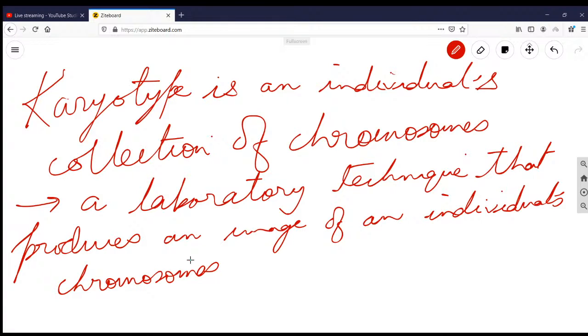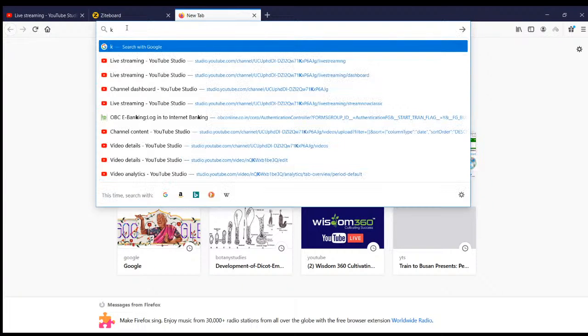The picture of those chromosomes is cut up and rearranged by chromosome size. The chromosomes are lined up from the largest to the smallest. Then a trained cytogeneticist can look for missing or extra pieces of chromosome. So I can just show you the karyotype.